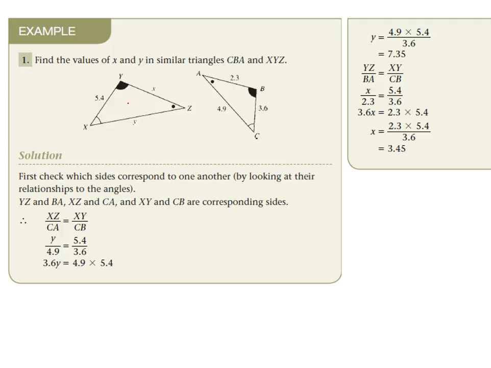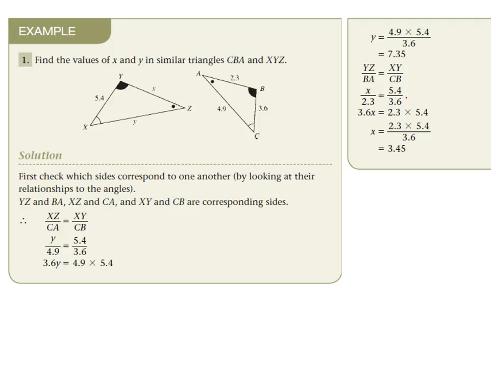See that they're corresponding sides. We make y the unknown by multiplying 5.4 by 3.9 and dividing by 3.6. They've done that a rather long way around, haven't they? Anyhow, it basically works out to be 7.35.